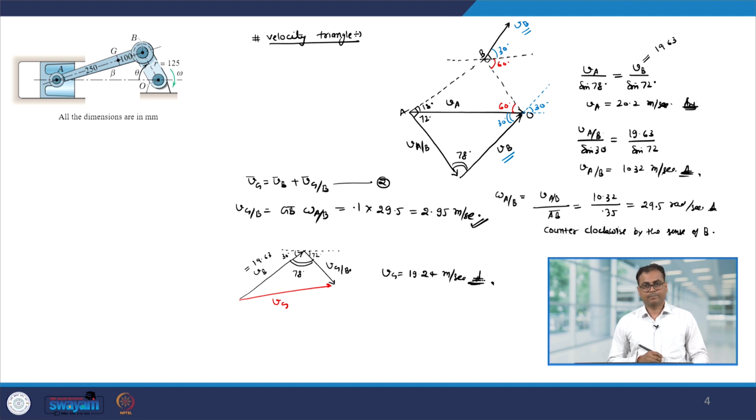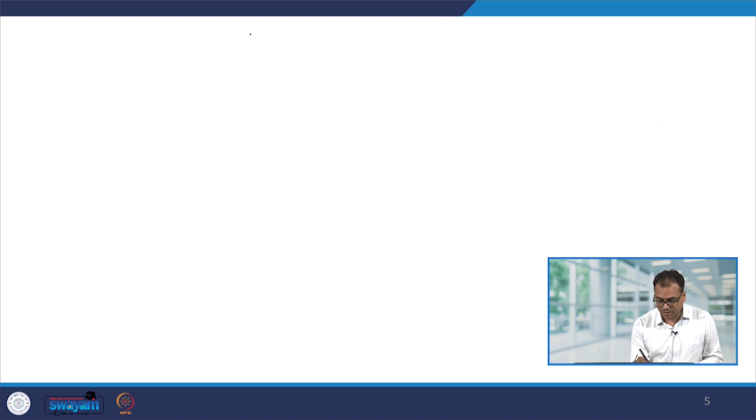meter per second. Now, let us understand the concept of relative acceleration. Okay.